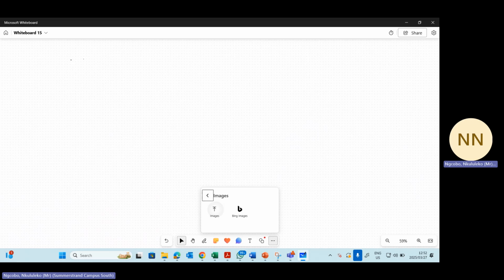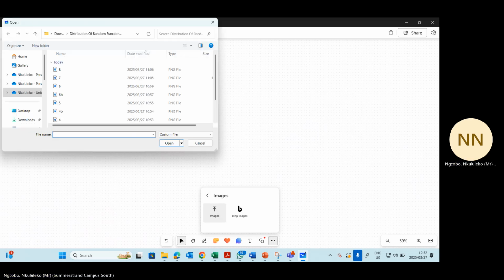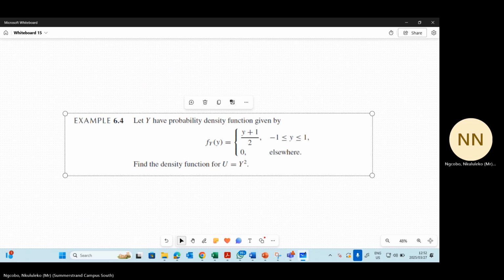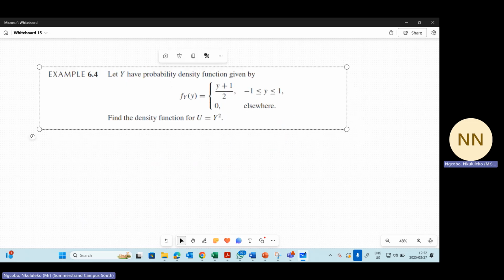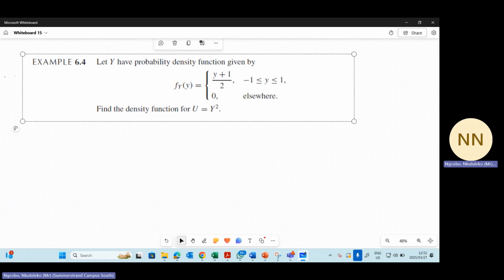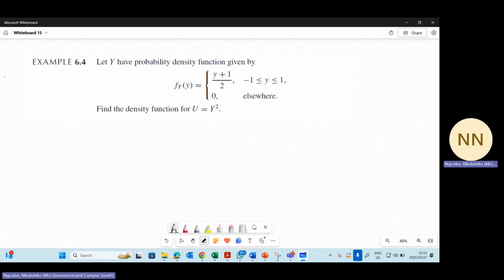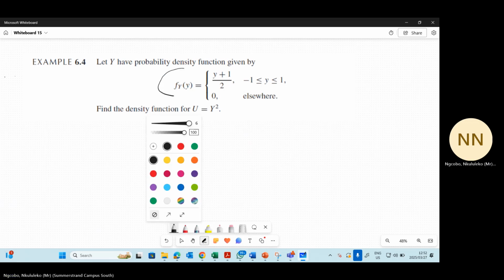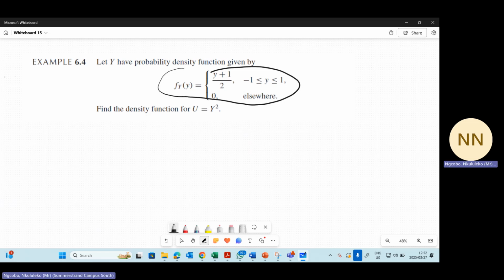Okay, good, perfect. So example 6.4, right? You are being told that y has the probability density function like this. Now you want to find the density function of u, y squared.